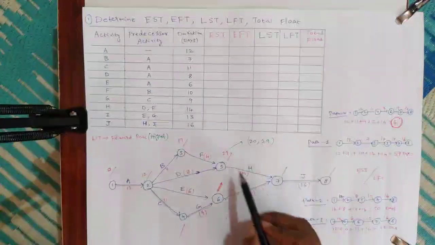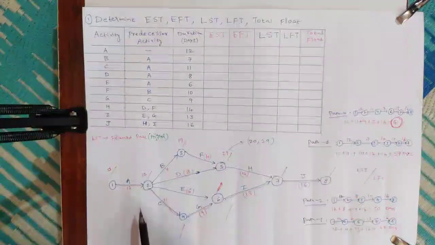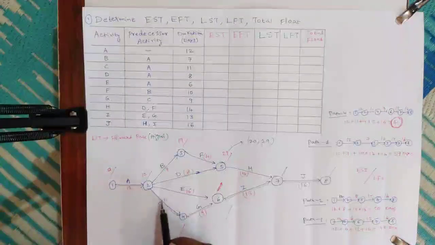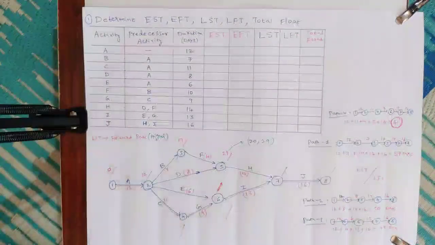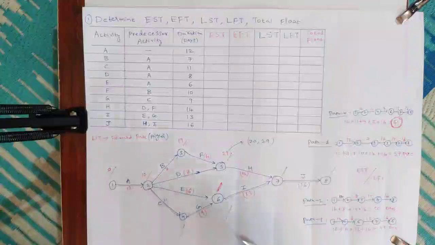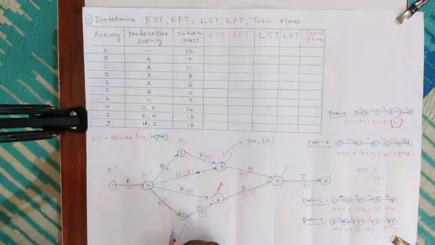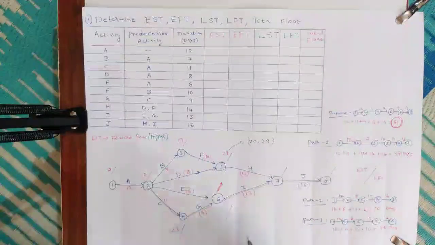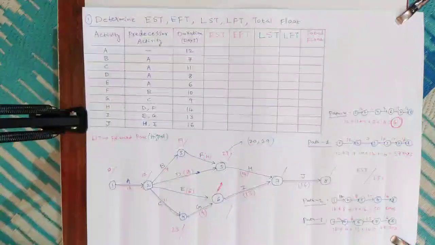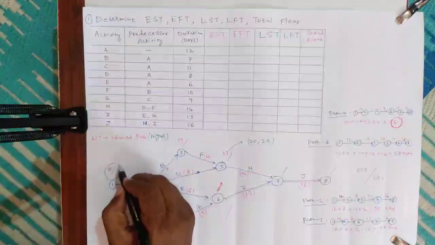Similarly, if you see here, 12 plus 11 is 23. We will draw like this so that it will be clear.